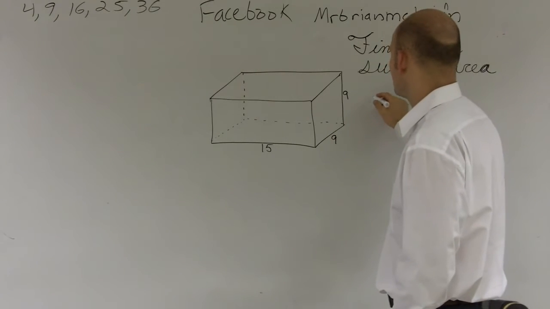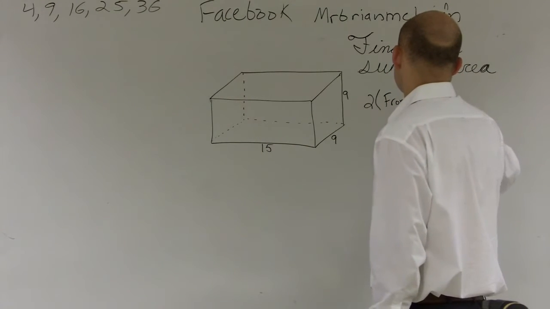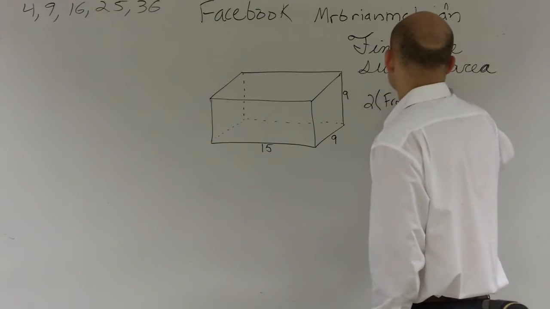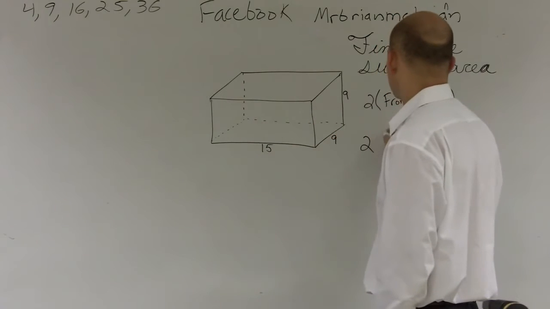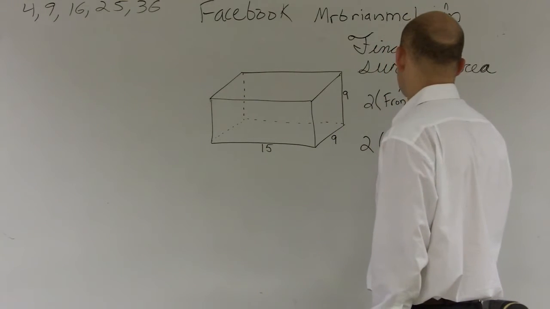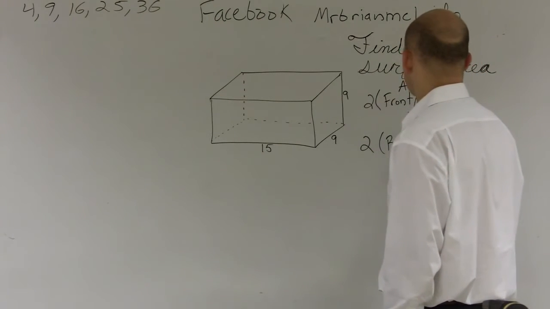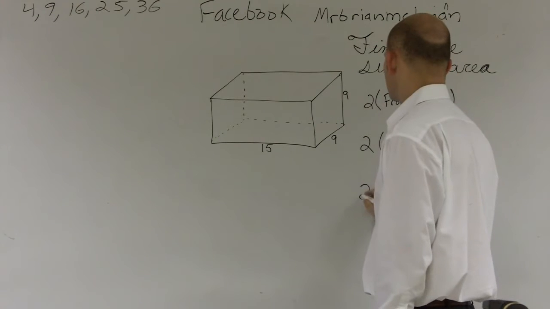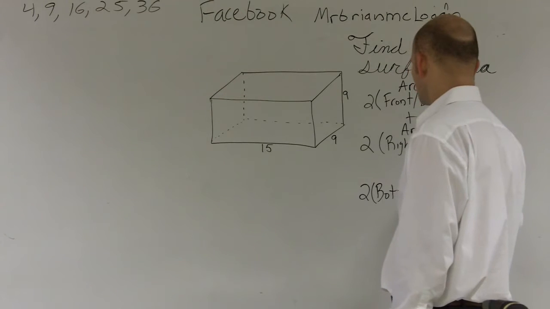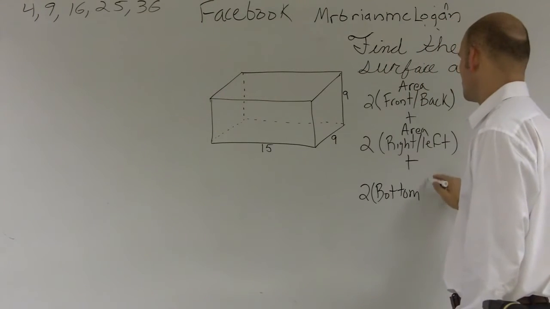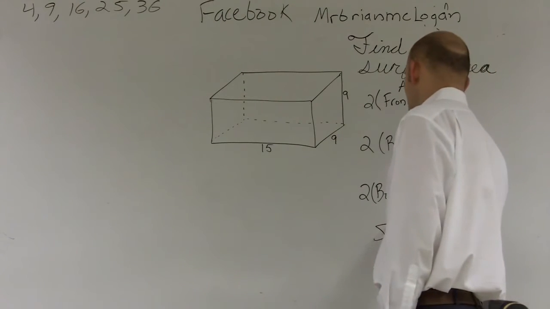So what I'll do is say 2 times the front slash back, and that's the area of the front and back, plus 2 times the right slash left side, and that's area again, plus 2 times the bottom and top. And what that equals is surface area.